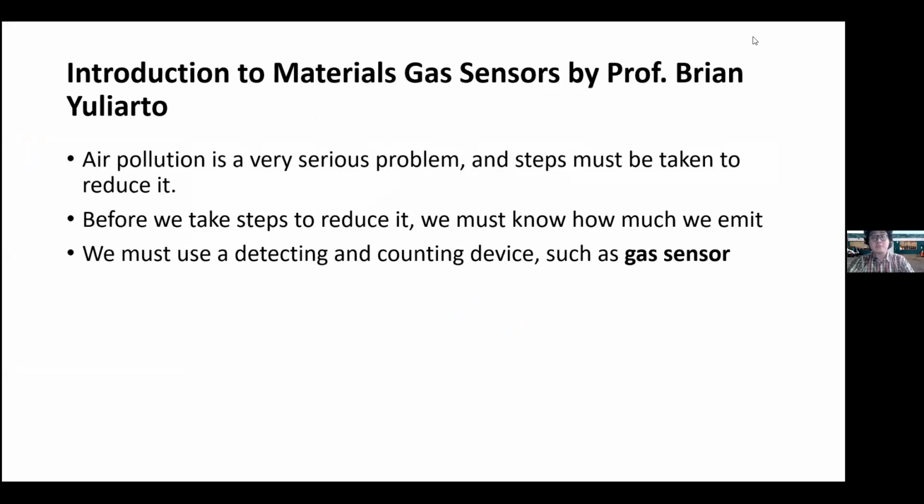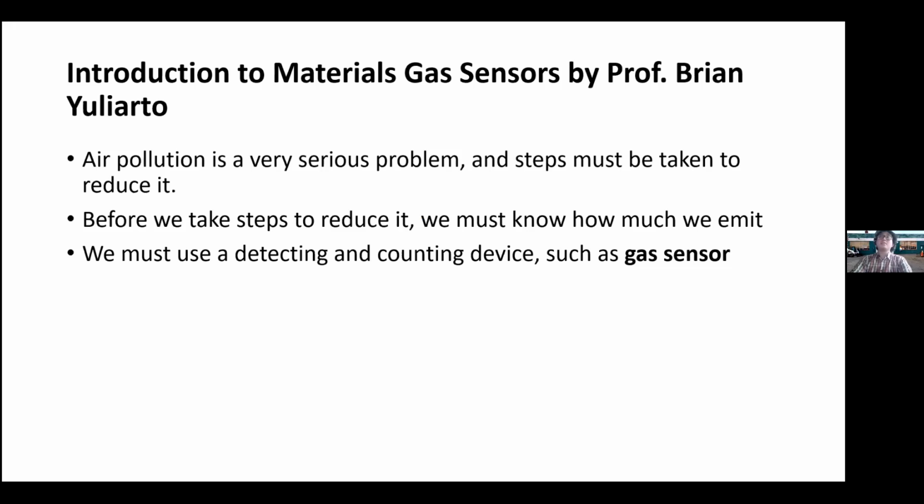Before we go to the techniques, I would like to introduce some background. First, air pollution is a very serious problem. The WHO says that air pollution causes as many as 2 million deaths in the Southeast Asia region per year. But one problem is that for many gases or chemicals that cause air pollution, we can detect them.